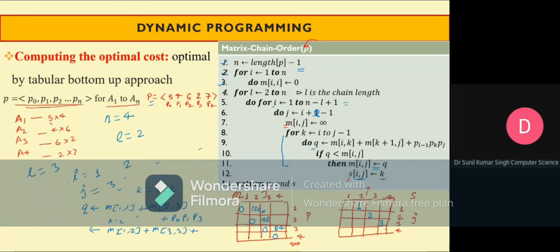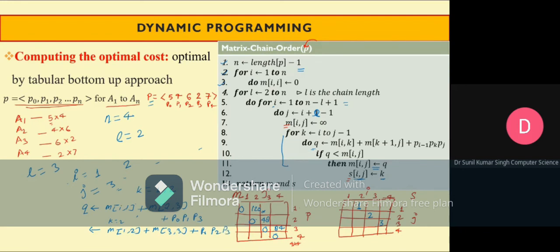And what will be this multiplication? I is 1, so P i minus 1, that means P0. PK is equal to 2, that is P2, and then here PJ, that is P3.